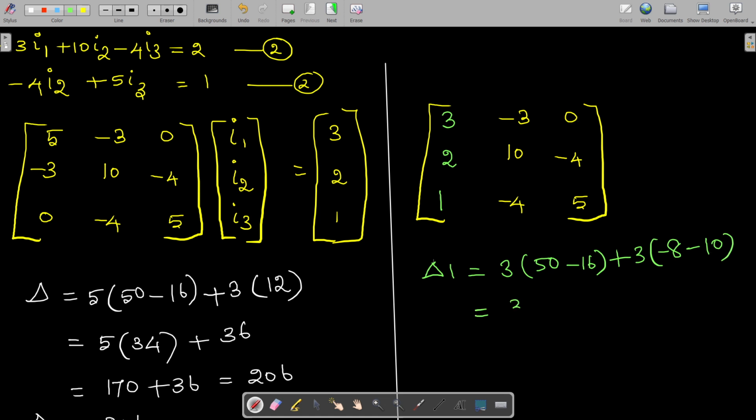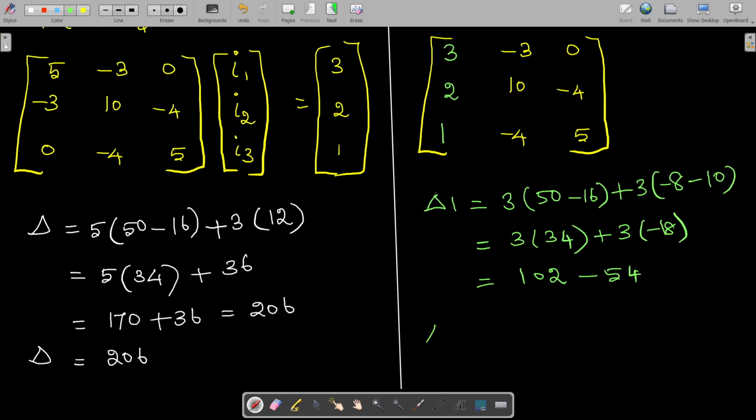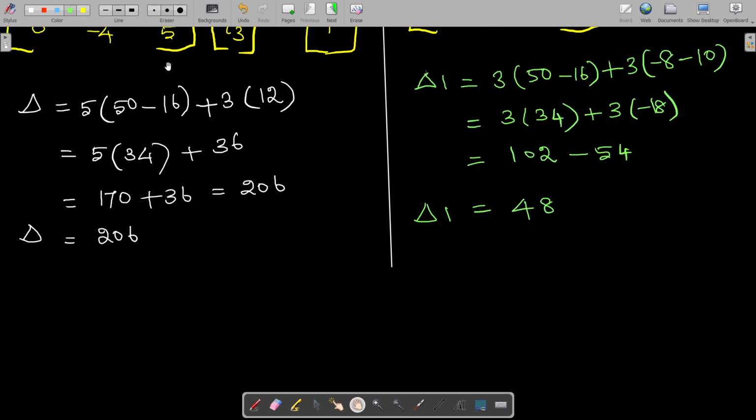So this is equal to 3 into 34 plus 3 into minus 18, that is equal to 102 minus 54. So this del 1 value is equal to 48. From this we can easily find out this I1 current, isn't it?